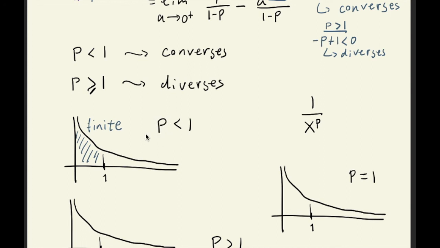So the function 1 over root x, this part here is finite, but this part has infinite area from what we saw in the last video, right? So it's kind of skinnier here and a little fatter over here. So it's infinite area from 1 to infinity, but finite area from 0 to 1.